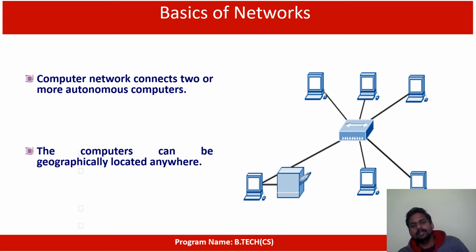So it does not depend on particular locations. Wherever they are, we can easily communicate, because those devices are logically interconnected. So this kind of interconnection between devices to make communication or data sharing is called a network.